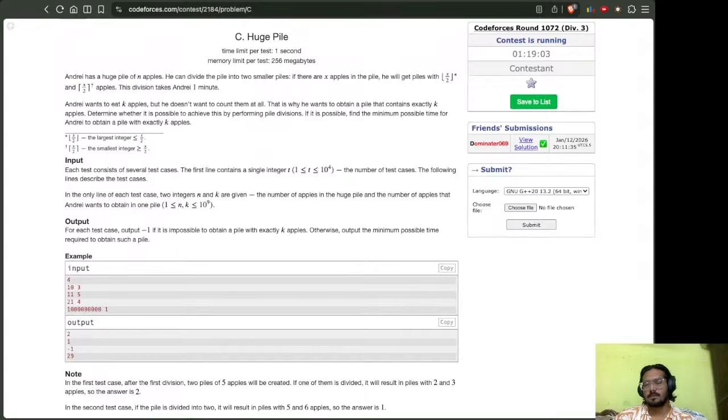Five, 6. So if we do recursion, it's 10 to the power 9. We iterate on each pile, dividing it by 2 and seeing if it's possible or not, right?